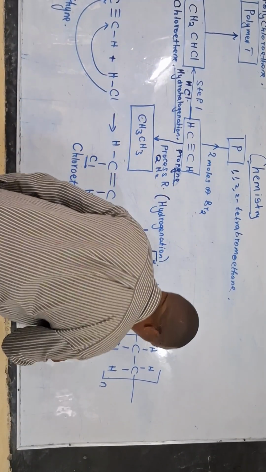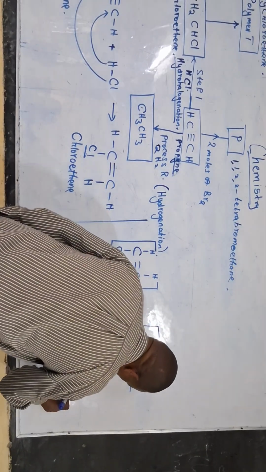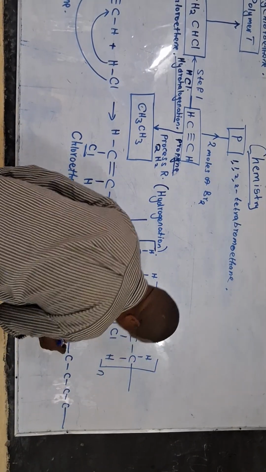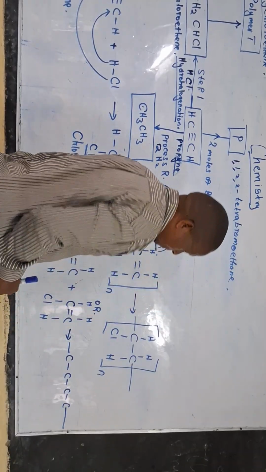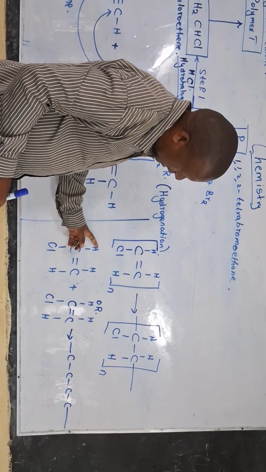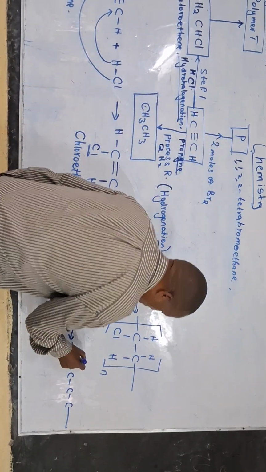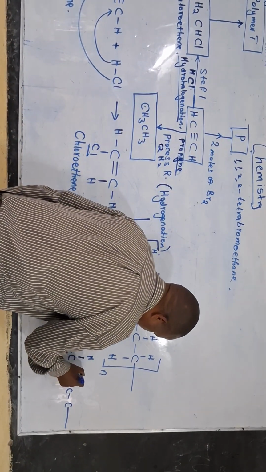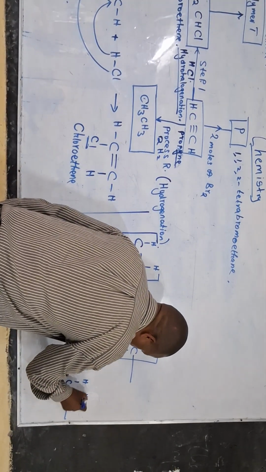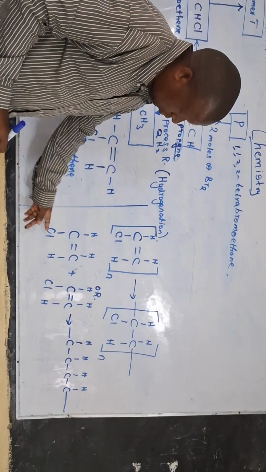So what will we do? We'll do like this: 1, 2, 3, 4. Put a straight line there, put a straight line here, like that. Then we show this hydrogen, hydrogen, hydrogen, hydrogen. So here they have hydrogen, here hydrogen, here hydrogen, here hydrogen, and then on the lower side, what do we have?